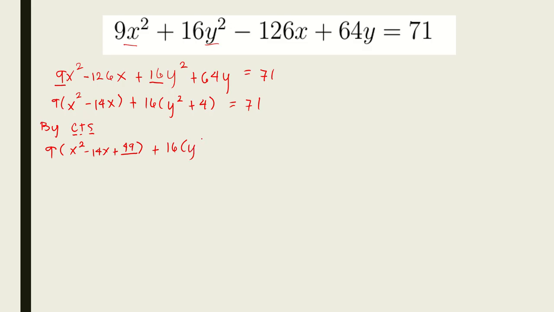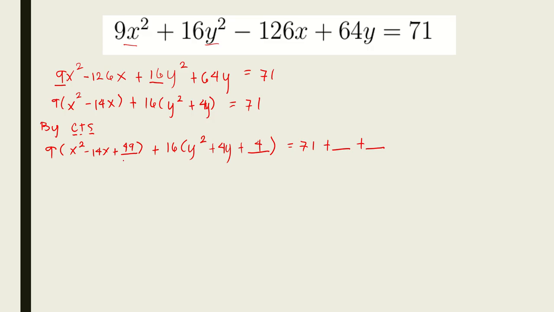After that is the y variable. Then that is y squared plus 4y, I forgot to write the y, plus a blank. So that's 4 divided by 2 is 2, 2 squared is 4, is equal to 71. Since we added blanks on the left side, we need to add blanks on the right side. You need to make sure that they are equal.